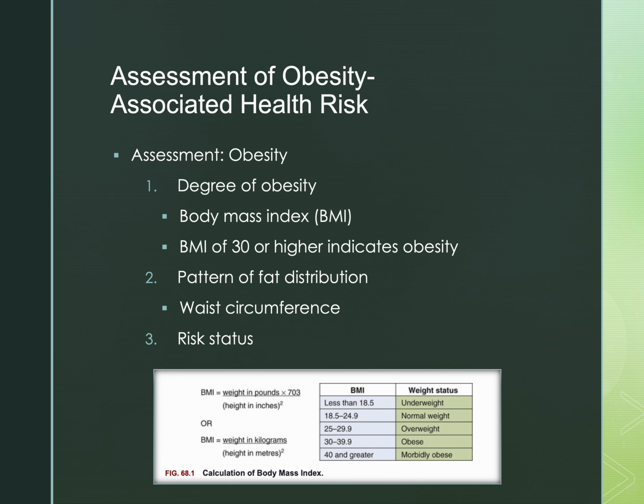And BMI is calculated by figuring out the weight in pounds, multiplying that by 703, and dividing that by the height in inches squared. You can also see in the metric system as well, here in the schematic, what the formula is. Now, according to the federal guidelines, a BMI of 30 or more is considered obese.